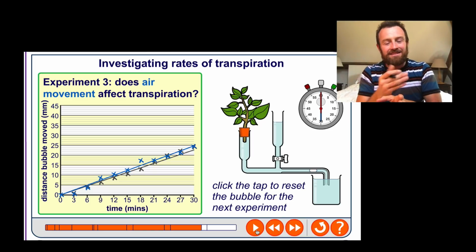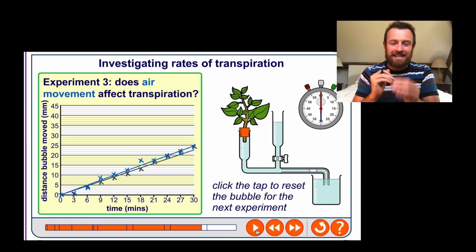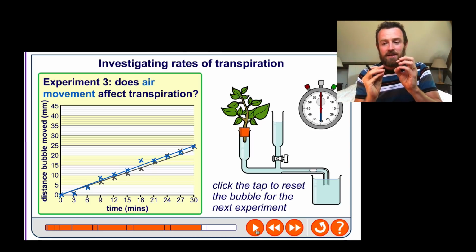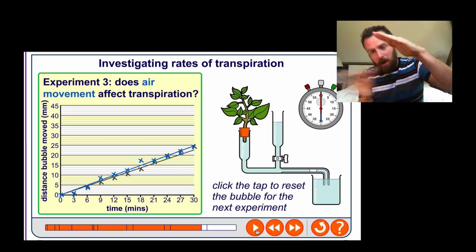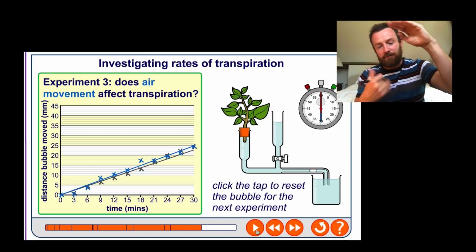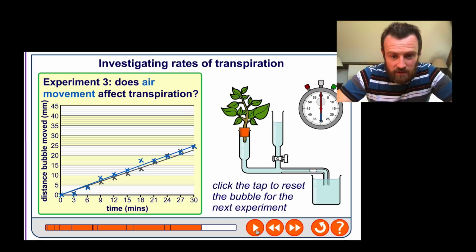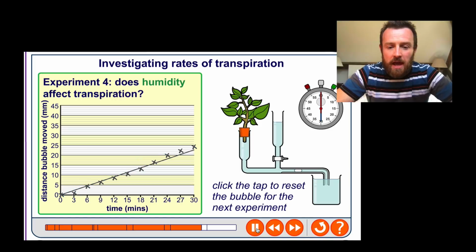What it's doing is maintaining the concentration gradient of moist air into and out of the leaf, because it's blowing away the moist air out of the leaf. So that's also going to increase the rate of transpiration, not quite so much there.